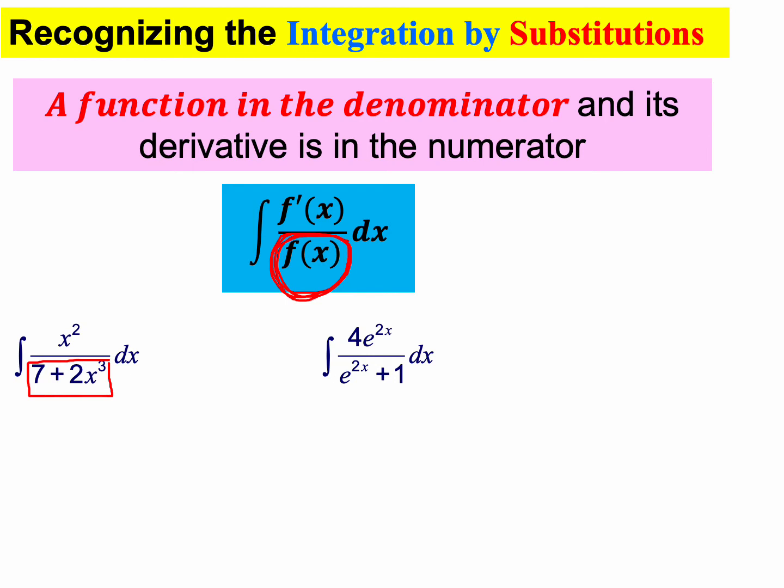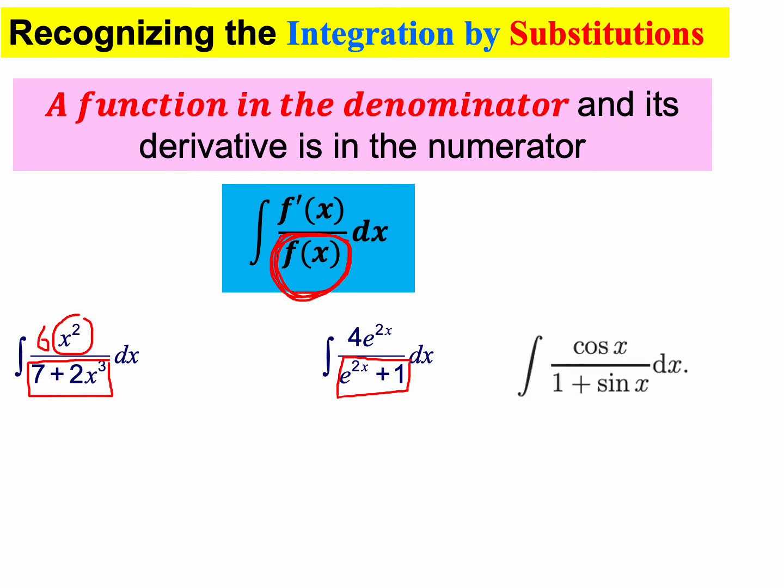The derivative here is 6x squared, but we have only x squared. Yes, it's accepted because 6 is missing. We can write it later. Also here we have a function in the denominator and its derivative available up.